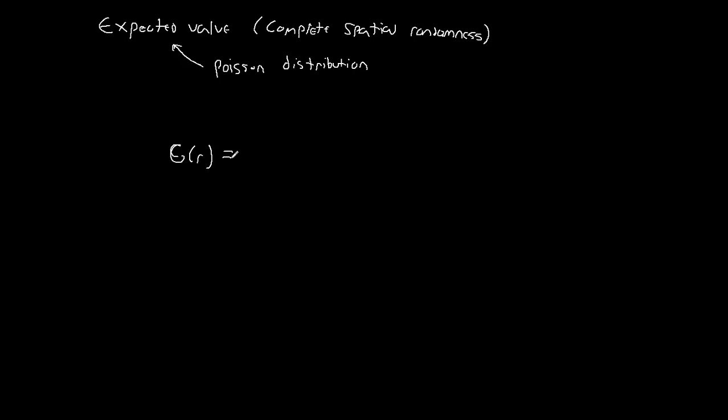Okay. So what we're going to have is 1 minus e raised to the negative lambda, which I'm going to talk about in a second, pi r squared. So you're going to see pi r squared, and you're immediately going to think the area of a circle, right?